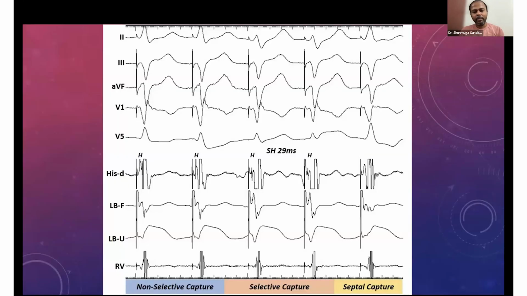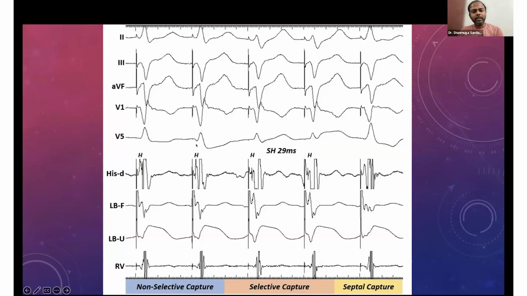So let me show a quick example of this non-selective, selective, and septal capture. You can see leads V1, V6, V5, and lead 2 to look for the change in QRS morphology. In the local electrogram, you can see both the pacing artifact and the ventricular electrogram are merged. Here, the ventricular electrogram is pushed out of the pacing artifact when you have a selective capture, and you can see the change in QRS morphology.